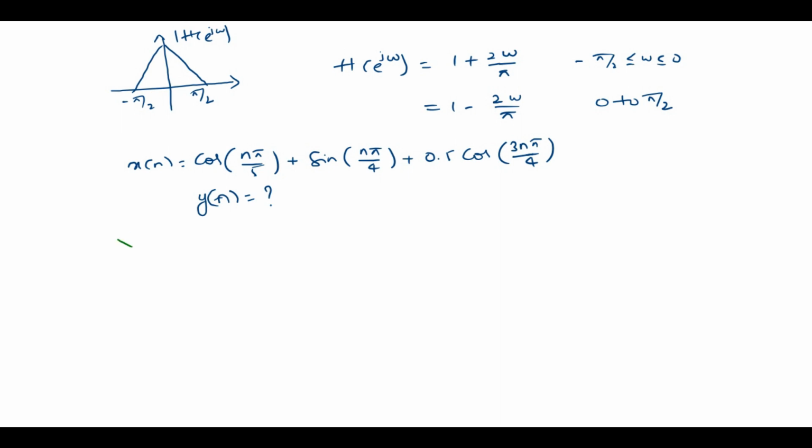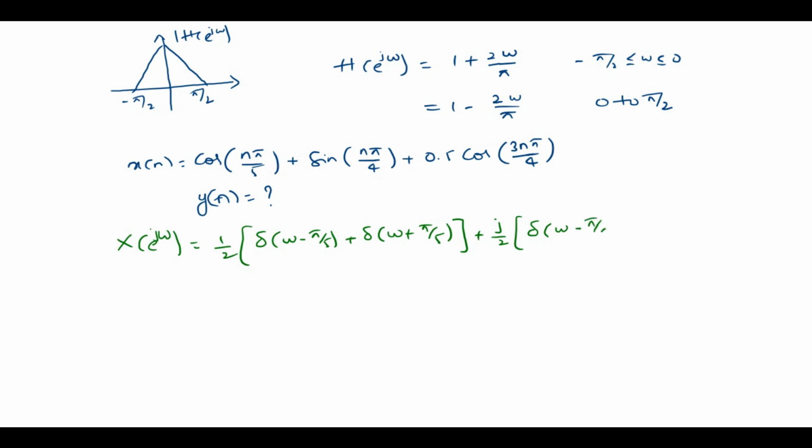Now find x of e power j omega, the DTFT of the signal, so that you can write 1 by 2 into del of omega minus pi by 5 plus del of omega plus pi by 5, plus sine of n pi by 4, that you can write as j by 2 del of omega minus pi by 4 minus del of omega plus pi by 4.